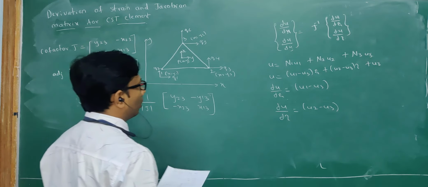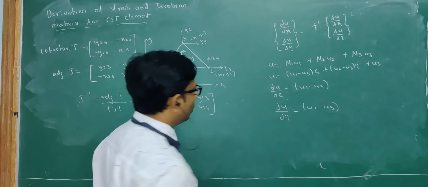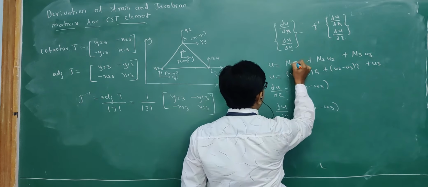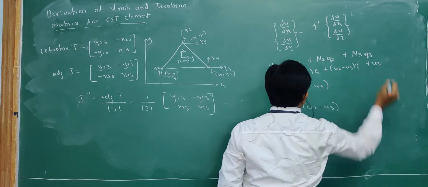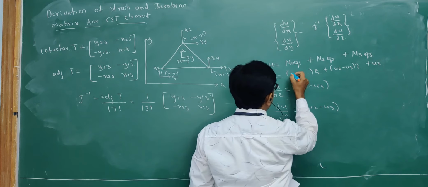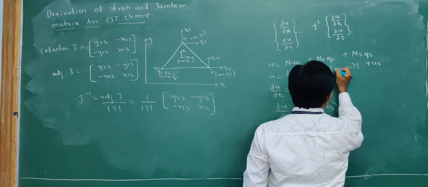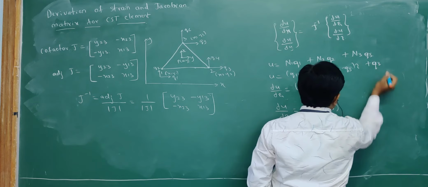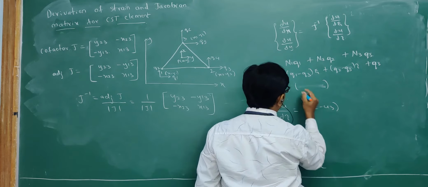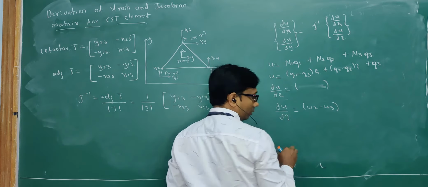Now you have got the equations. If you are getting confused, you can take it as q1, q2 also. So you can just change it to q1, q2 and q3, and write q1 minus q3, q2 minus q3, and this will be q3. Sorry, I made a mistake.